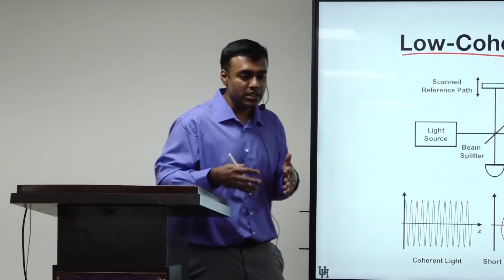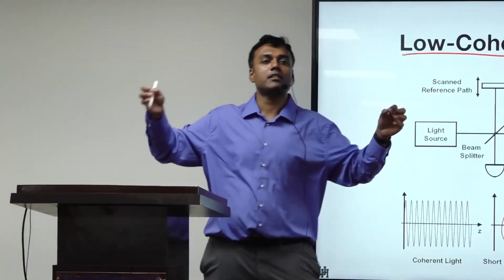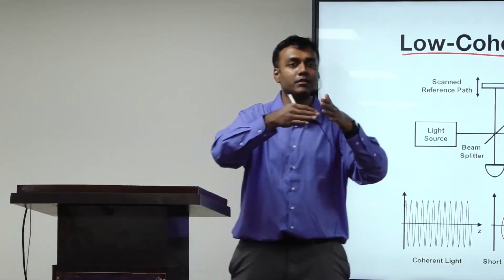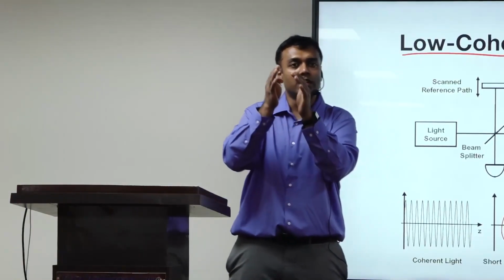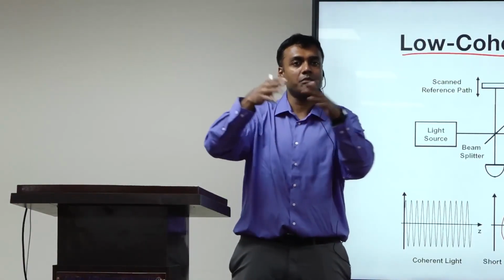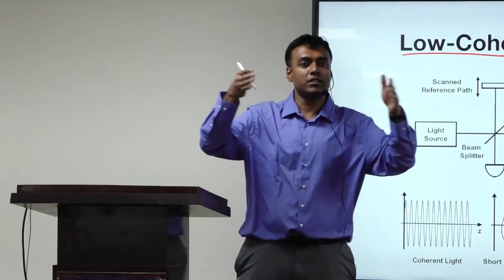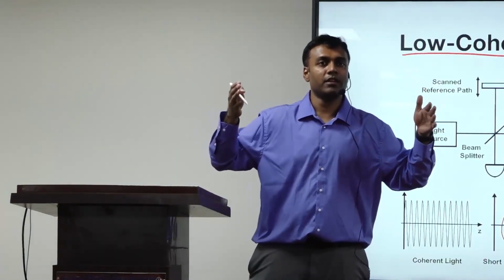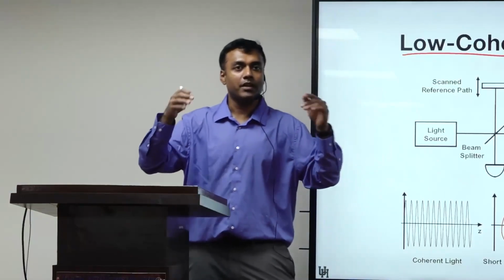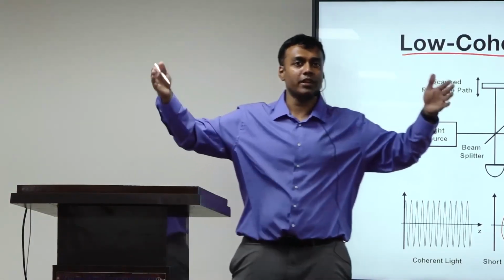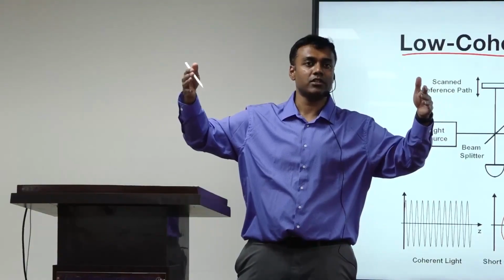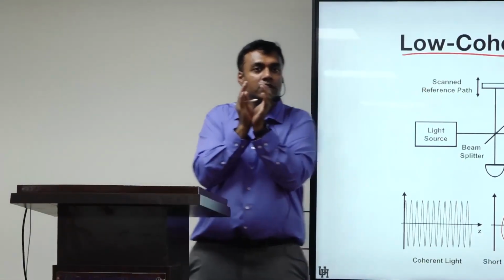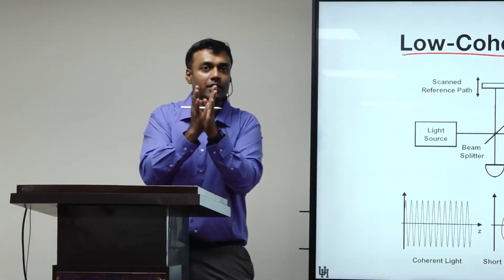I told you that instead of one wavelength you have multiple wavelengths, right? So what is the range of wavelengths? What is the width of the spectrum? How many wavelengths you add up is inverse. The more frequencies of light you add up, the shorter this coherence length will be.